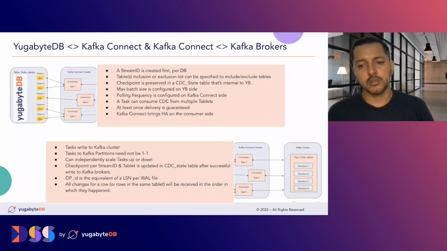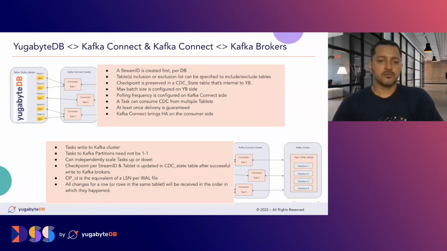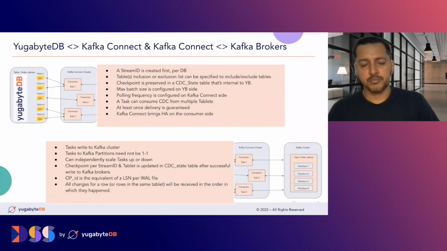If you look at the lower part, every task that consumes data from the YugabyteDB cluster writes to Kafka. As I talked about earlier, each table is by default mapped to a topic. However, you can also configure it so that multiple tables are mapped to a single topic. But task to Kafka partition need not be a one-to-one mapping.